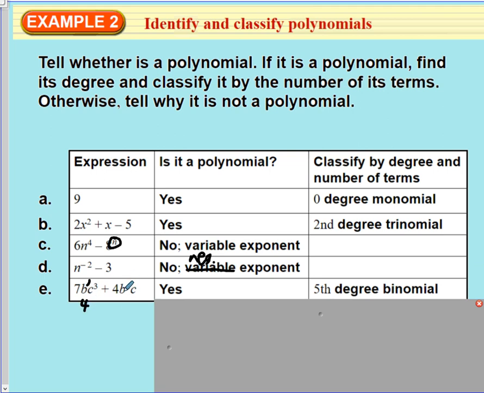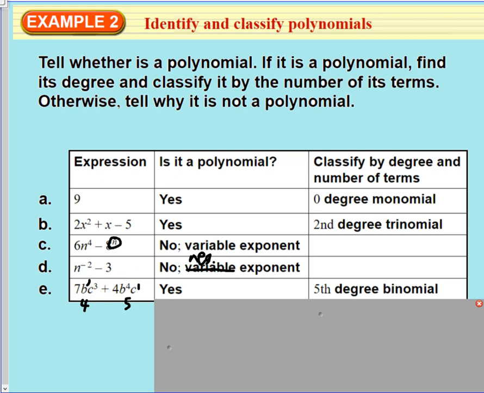And here we've got b to the 4th and then c to the 1, so 4 plus 1, so this guy has got a degree of 5. So this guy is considered my degree since it's the largest one, so 5. There are 2 terms, making it a binomial. All right, that's how to classify whether or not it's a polynomial.